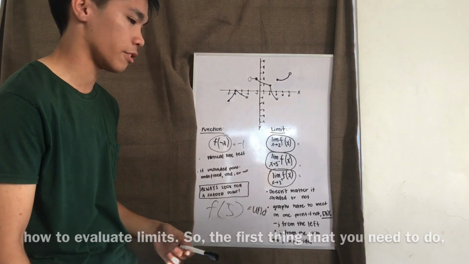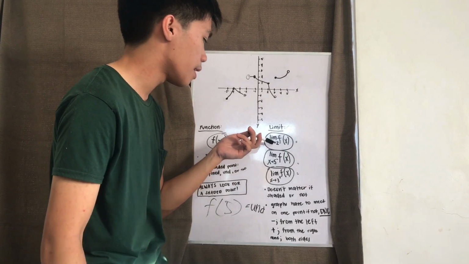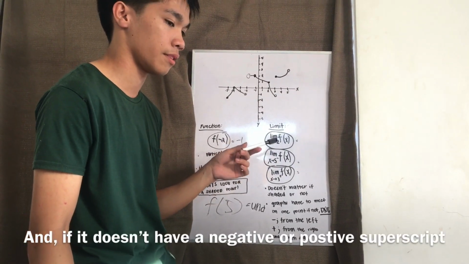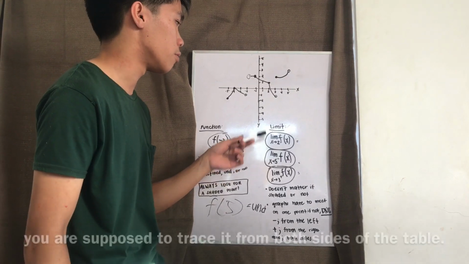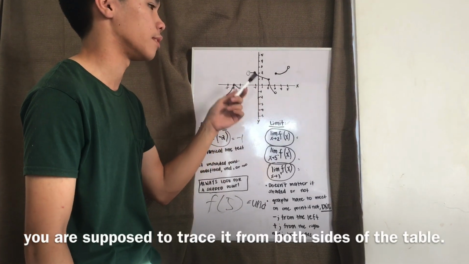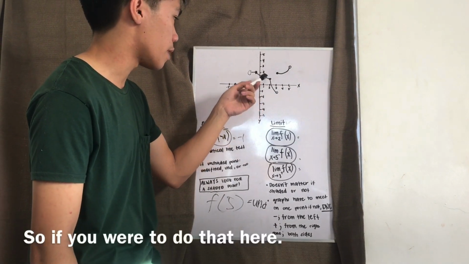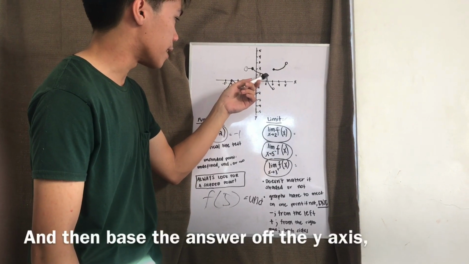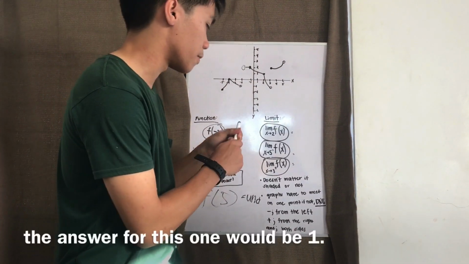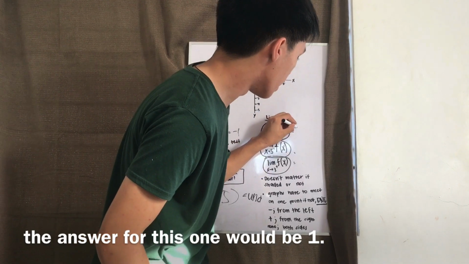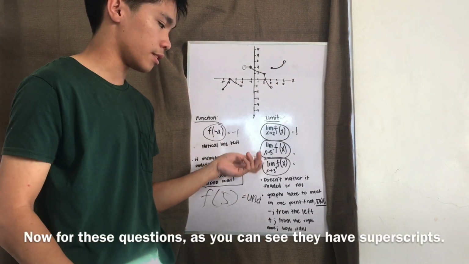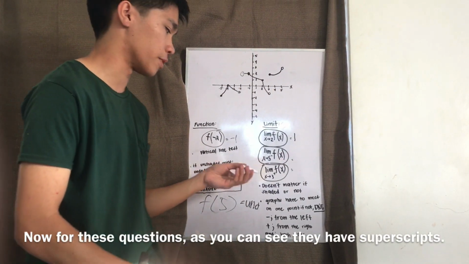So the first thing that you need to do is to look at the value here, and if it doesn't have a negative or positive superscript, you're supposed to trace it from both sides of the graph. So if we were to do that here, and then base the answer off the y-axis, the answer for this one would be 1. Now for these questions, as you can see, they have superscripts.